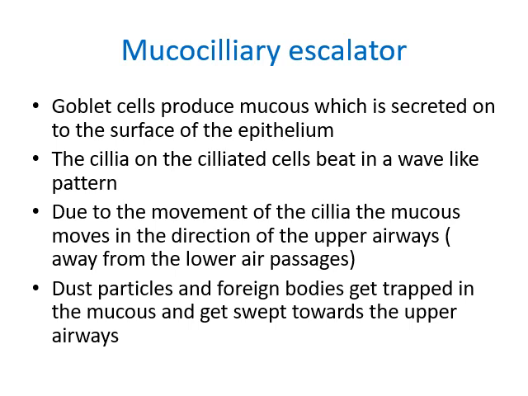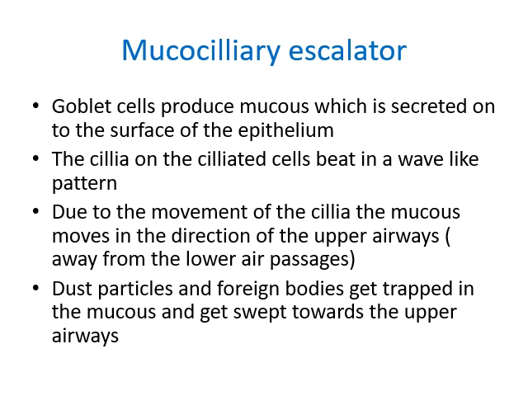Then the cilia on the ciliated cells beat in a wave-like pattern towards the upper airways. Okay, so the cilia always beat towards the upper airways, and because of this wave-like action of the cilia, the layer of mucus on top moves in the direction of the upper airways.